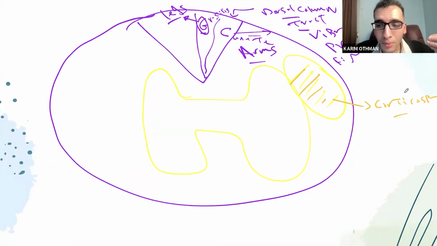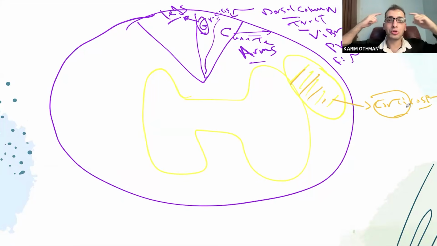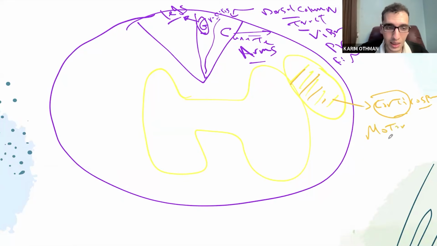Look at the name, from the cortex to the spine. So you think about moving, so it goes from the cortico to the spine, so you move your muscle. So the corticospinal tract is important for the motor. And it's actually an upper motor neuron. So the corticospinal tract is motor, guys, and it's an upper motor neuron.